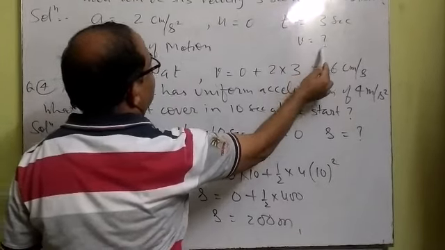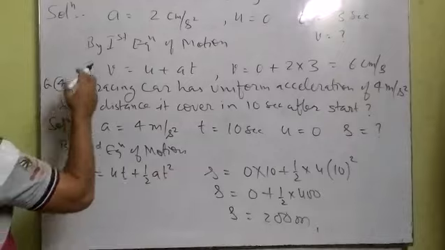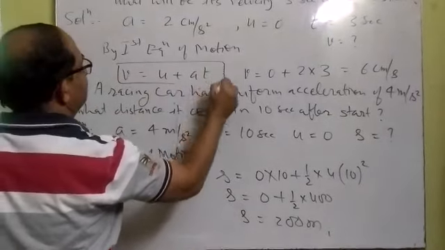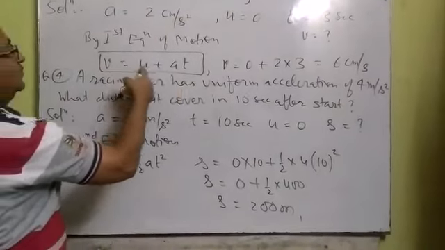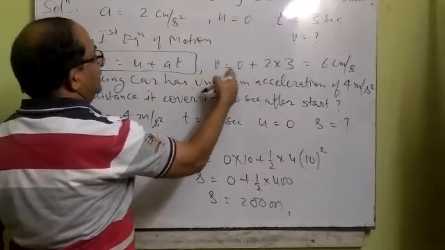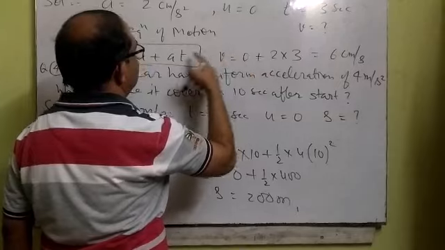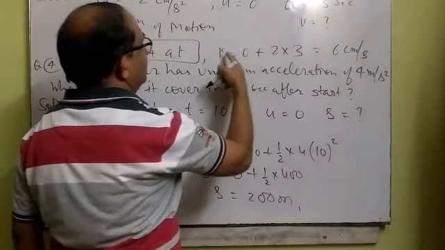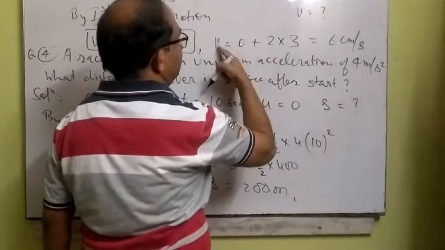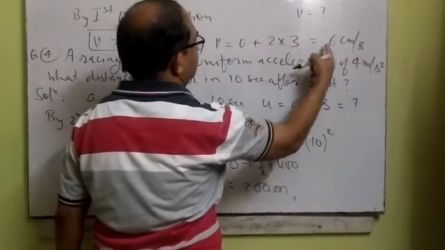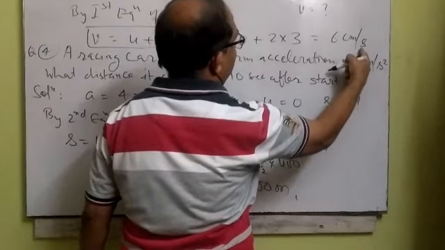We need to calculate the final velocity. For this, we can apply the first equation of motion, v is equal to u plus at. So v is equal to, place the value of u as 0, value of a as 2, value of t is 3. So we will get the value of v, meaning final velocity, as 2 into 3, 6 centimeter per second.